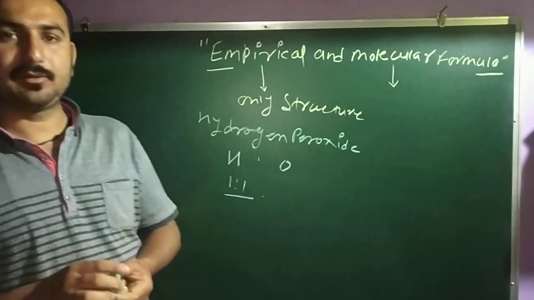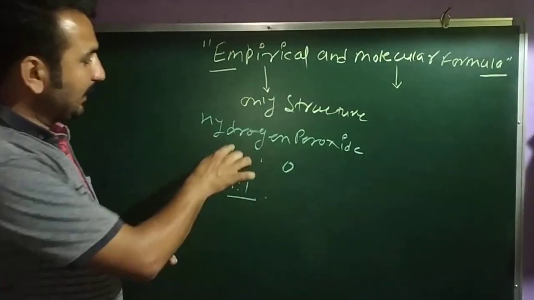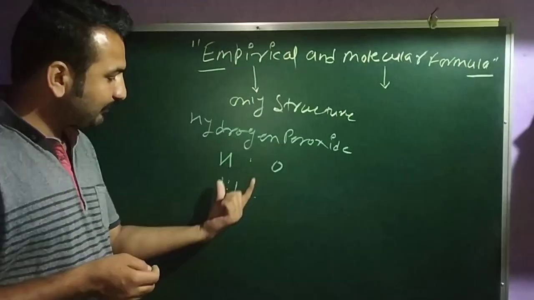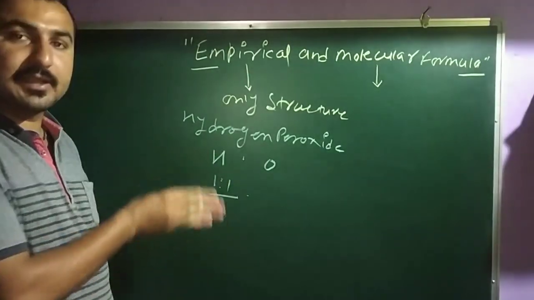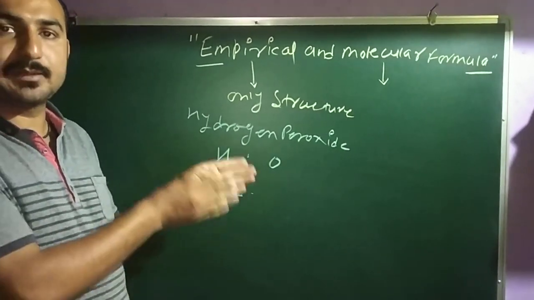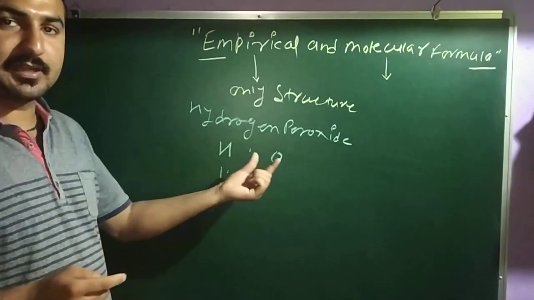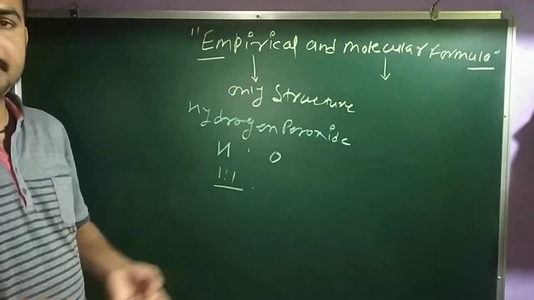In the empirical formula, I am saying the ratio of atoms only. So the ratio of atoms is 1:1. That means one atom of hydrogen and one atom of oxygen is present in the empirical formula.